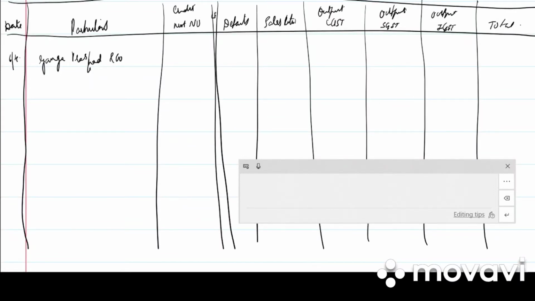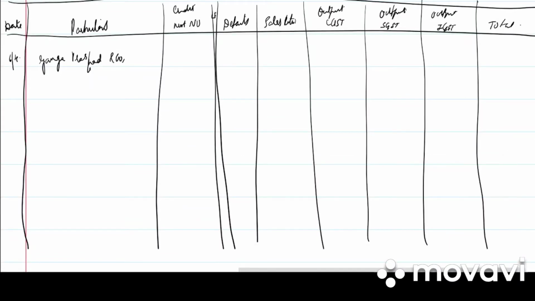So 6th April we have Ganga Prasad and Co., Karnal. How much is the amount? 6,000 less trade discount at 15%. So 6,000 into 15 by 100, 900. What's the total? 5,100.